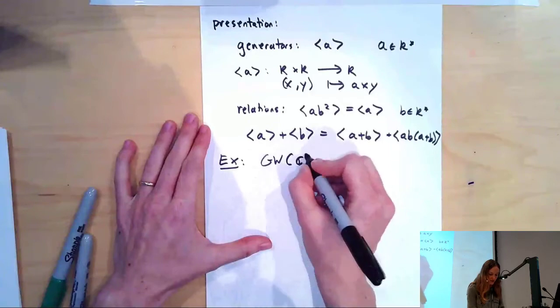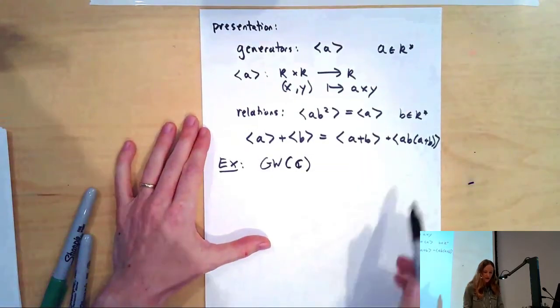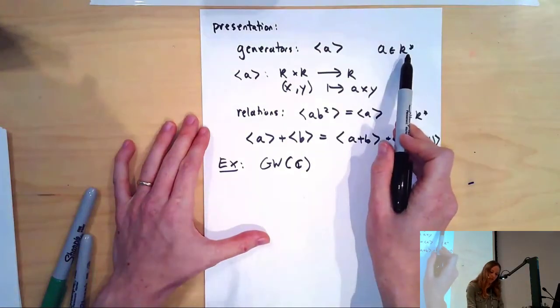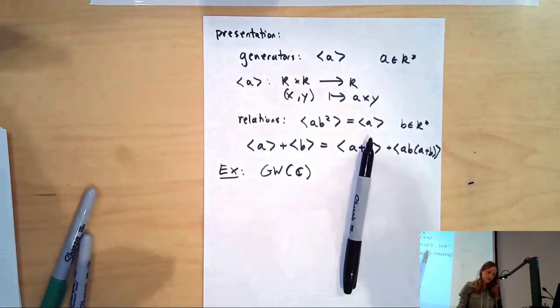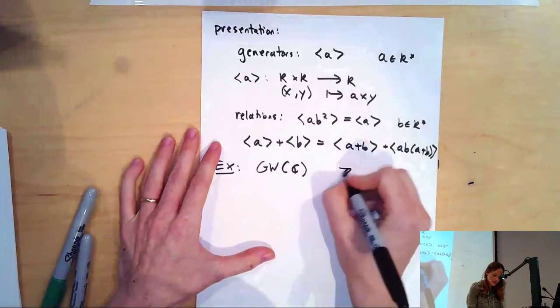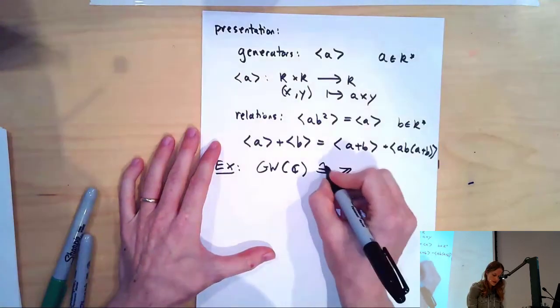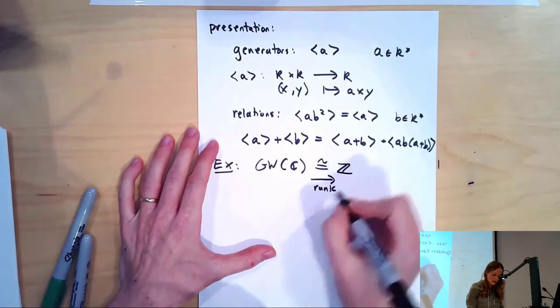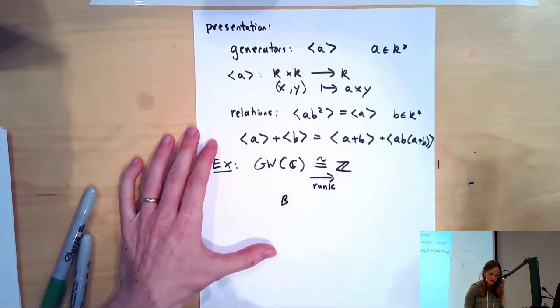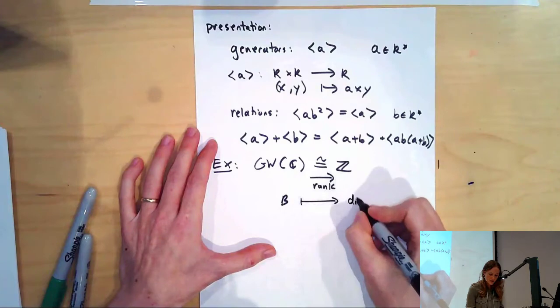So the Grothendieck-Witt group of an algebraically closed field, the generators are in bijection with K star over K star squared, and everything is a square, so there's only one generator. So this is Z, and an isomorphism is given by the rank homomorphism, which takes β to the dimension of V.